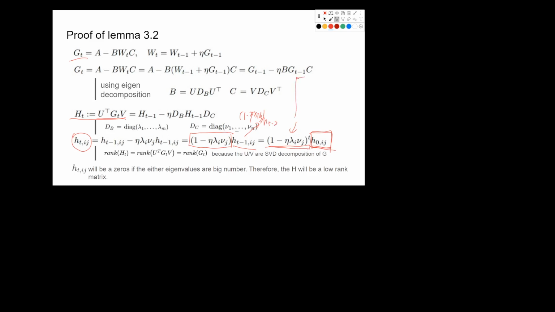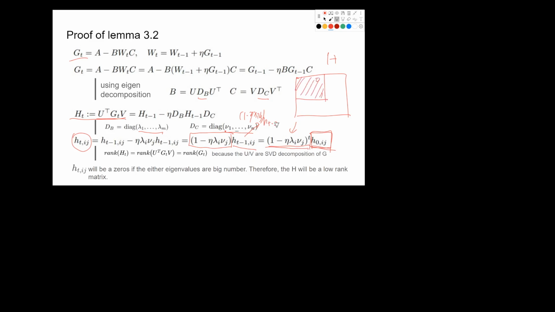So it means that for the H matrix, since the D_B and the lambda and the mu will be sorted by their values, the smaller index will have a bigger value. So it means that in those parts it will be 0. So maybe in this part of the matrix are all 0.